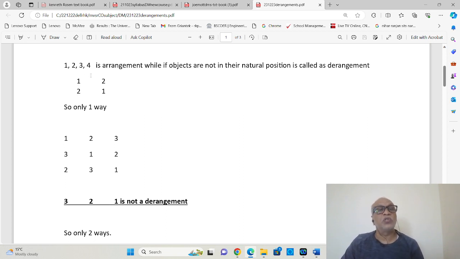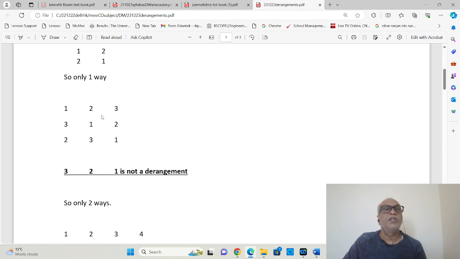So how many such possibilities are visible here? Only one possibility. Similarly, now 1, 2, 3 are in a natural order. If I want to derange 1, 2, 3, what does it indicate? 1 should not be in its position, 2 should not be in its own position, 3 should not be in its own position.